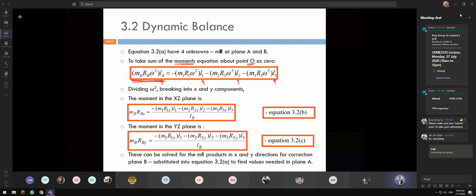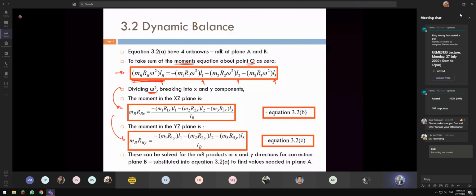Again, this is a vector, so we can always break it into X and Y components. Because all the masses are rotating at the same omega, omega will always be removed from this equation, the top equation here. Whatever you see, omega is always removed.